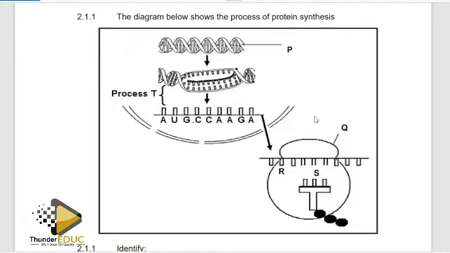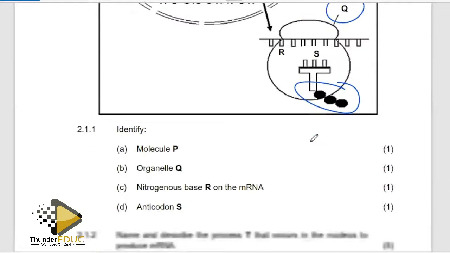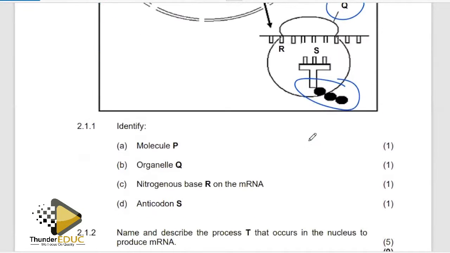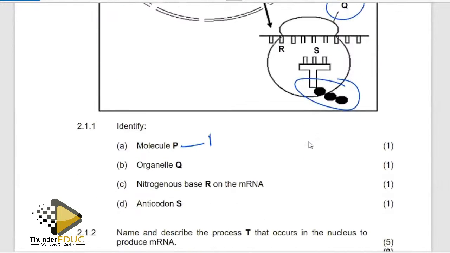I told you that once you are given such a structure, make sure you are able to answer all that is being given. This is the DNA structure, this process is basically transcription, this is the ribosome, and these are amino acids joined together to form a polypeptide chain. All right, let's start. Identify molecule P. We say that is the DNA molecule.